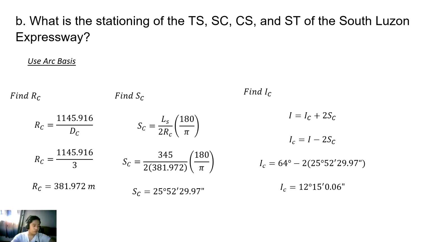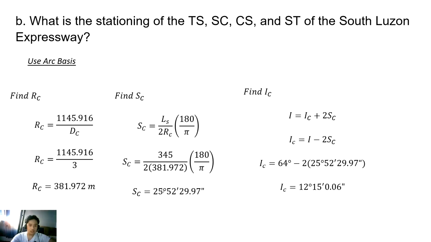Then, compute. Magiging 381.972 siya. Para naman sa SC, we're going to use LS over 2RC times 180 over pi. Substitute natin, so 345 over 2 times 381.972 multiplied by 180 over pi. So, we'll get 25 degree, 52 minutes, and 29.97 seconds.